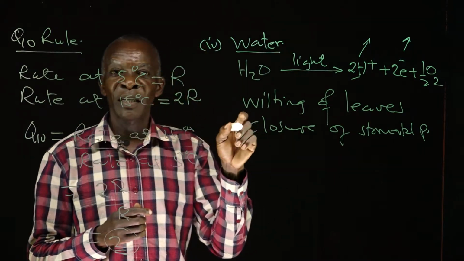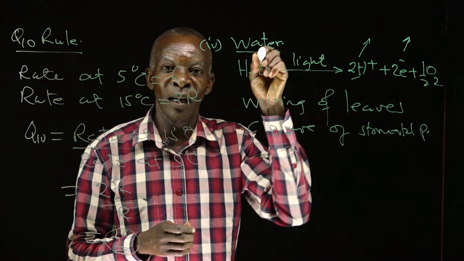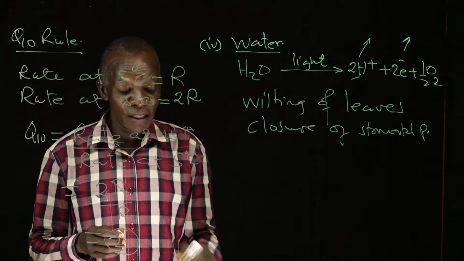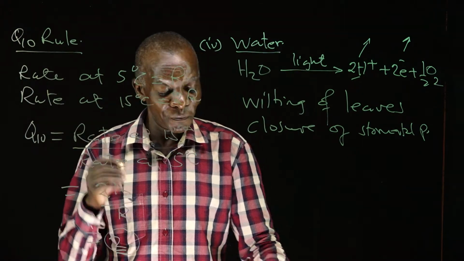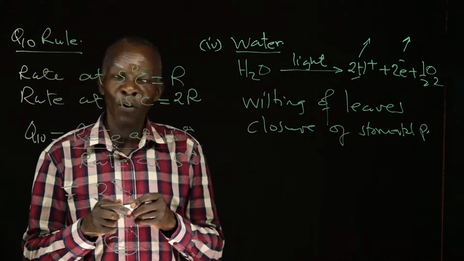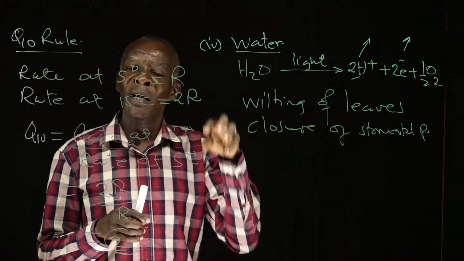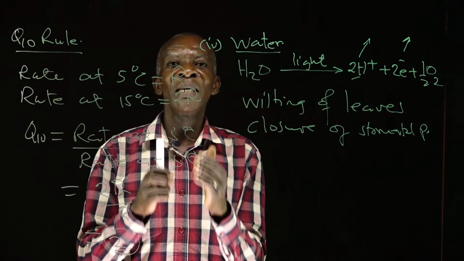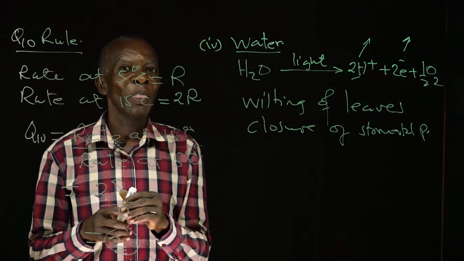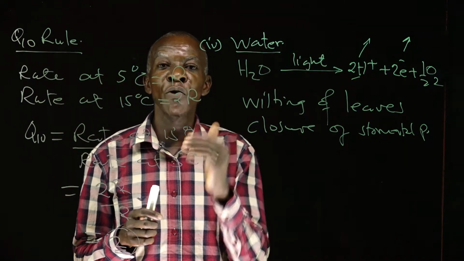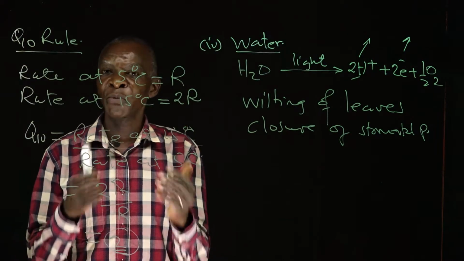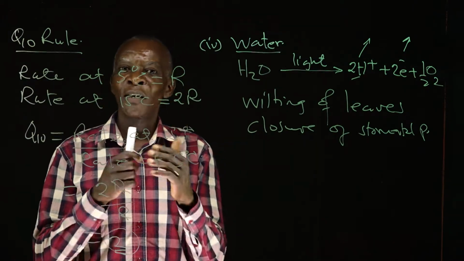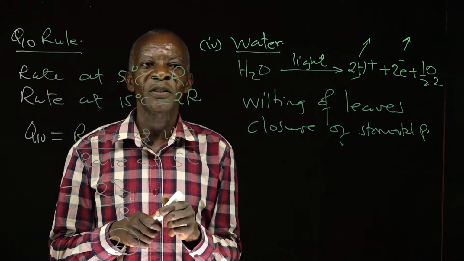So you can see that water is important in the life of the plant, photosynthesis being included. Although the amount of water required for photosynthesis per se is very, very small, however, the plant should not be deprived of this small amount of water, otherwise no photosynthesis will take place.